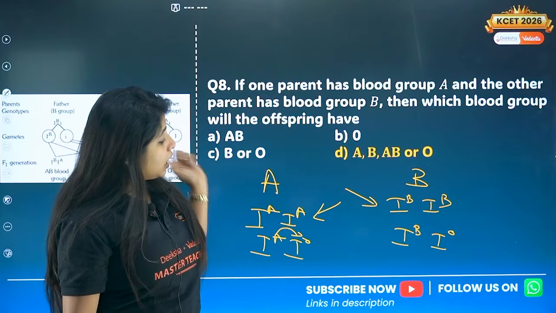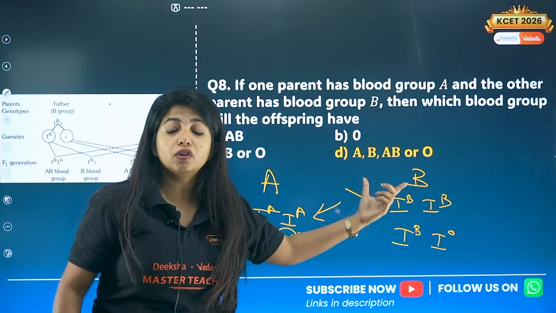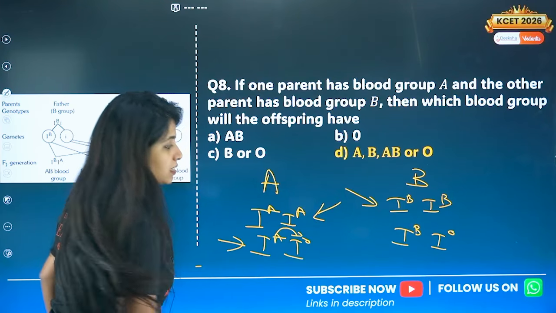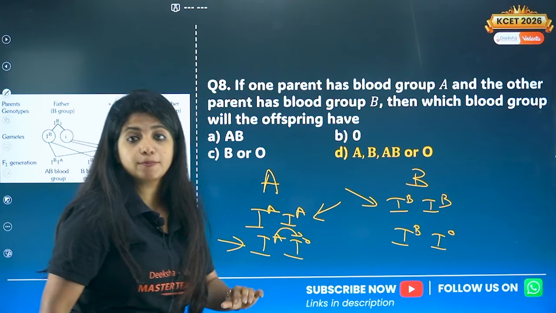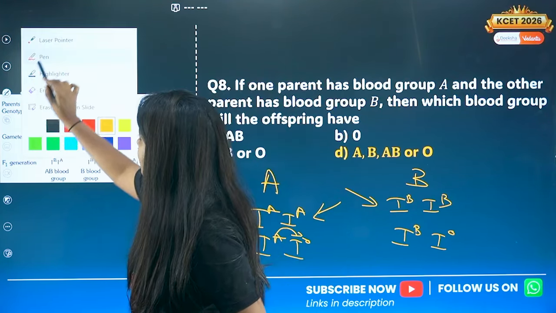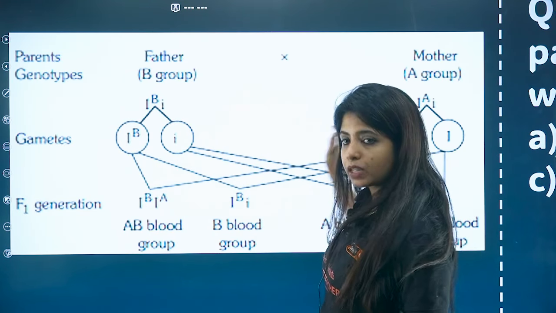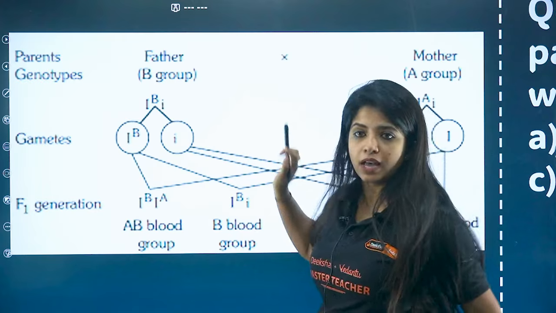But you are asked, if it is A blood group and B blood group, what are the possibilities? So you have to think wide. It can be a condition like this, and over here you find multiple options. Suppose this particular picture, if you look at it carefully, it's IBIO and IAIO. So this is B blood group, this is A blood group, where O is also there.